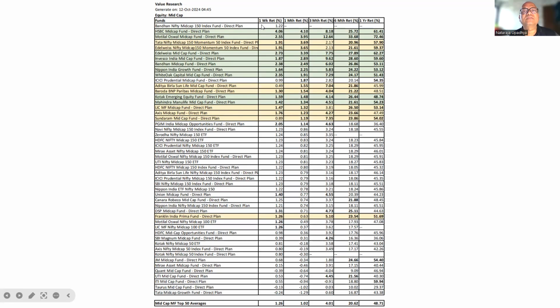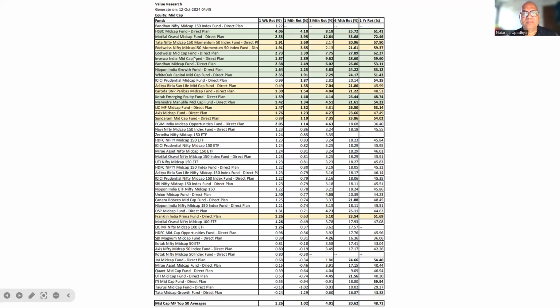The most impressive is HSBC Mid Cap Fund with the weekly return of 4.06, followed by Motilal Oswal Mid Cap 2.55. Edelweiss Mid Cap Fund 2.73, Bandhan Mid Cap 2.38, White Oak Capital 2.35. And looking at the annual returns, the one above 60% are HSBC Mid Cap Fund, Motilal Oswal Mid Cap Fund, Edelweiss Mid Cap Fund.